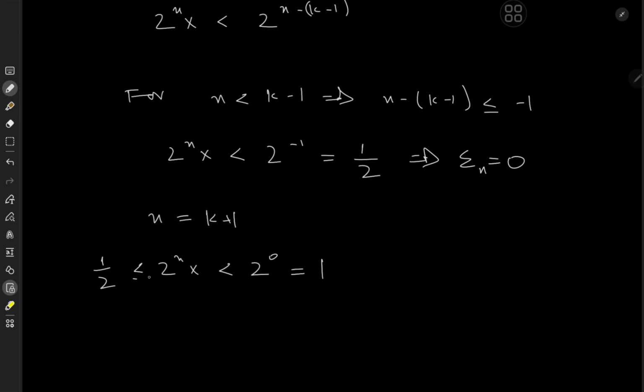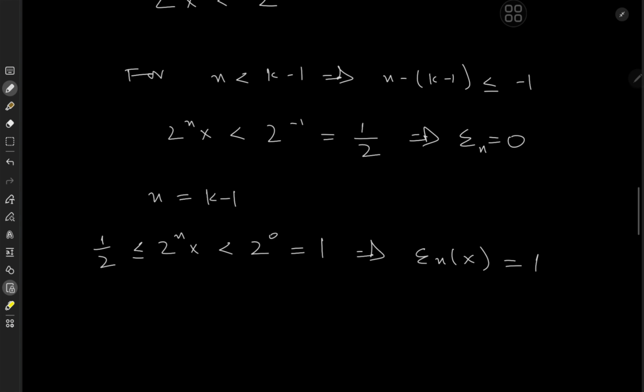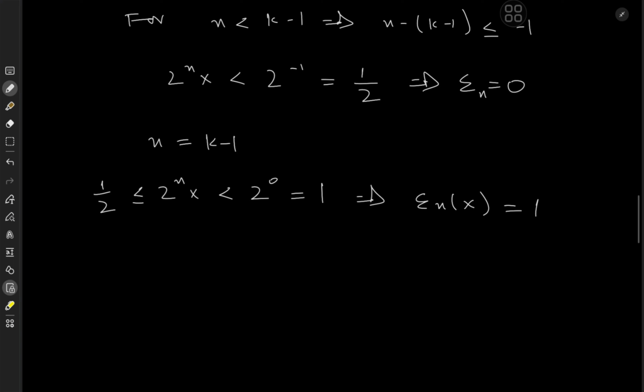So this thing could be less than or greater than or equal to 1/2, that is. So this implies that epsilon sub n of x would be equal to 1. Okay, cool. So wait a minute, that's n minus k minus 1. Terribly sorry about that. n should be equal to k minus 1 for the 0 to occur.